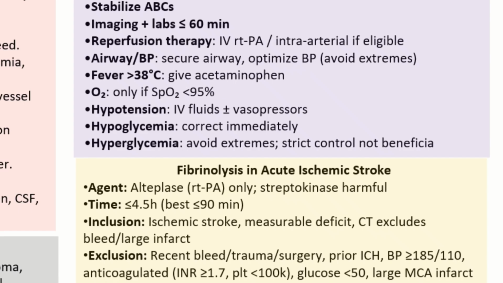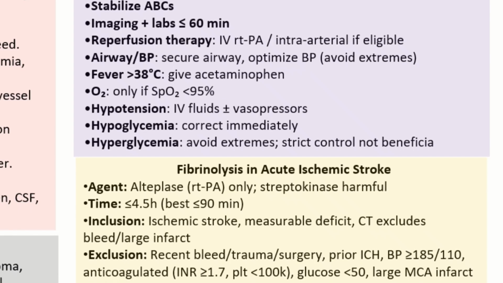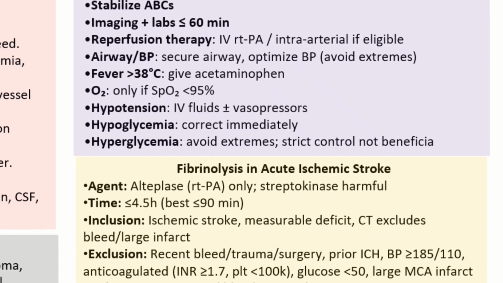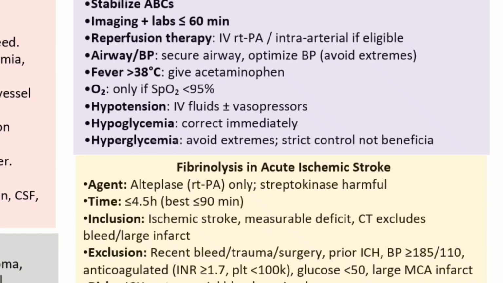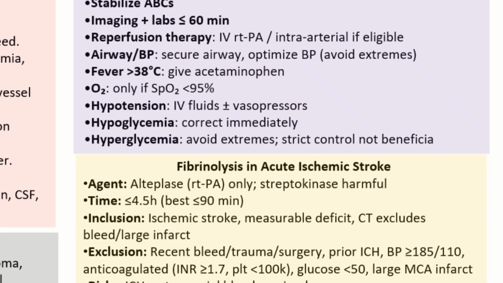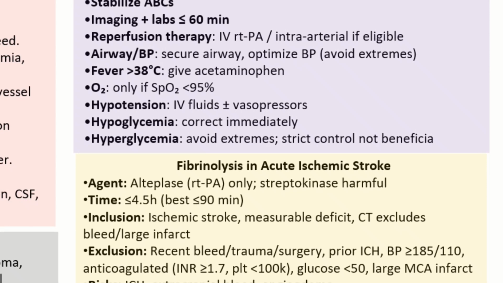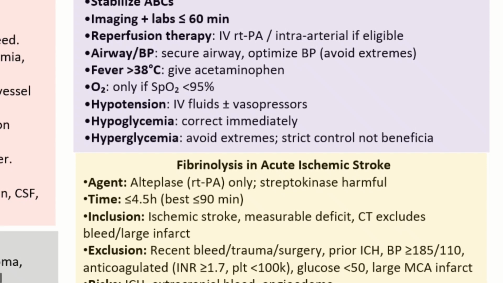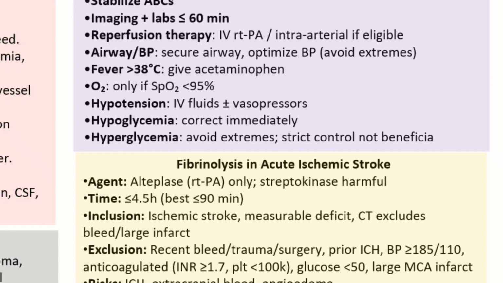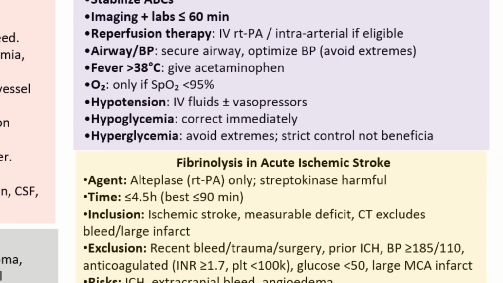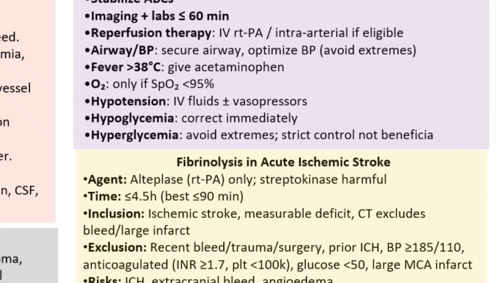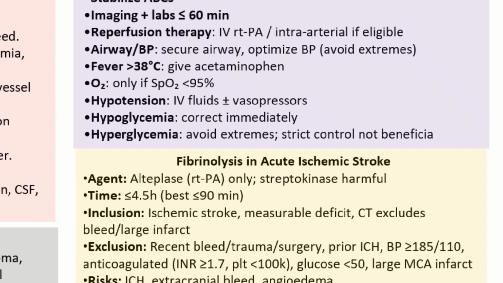Then we can secure the airway, optimize the blood pressure, and treat the fevers, because high temperatures during the stroke increase the rate of death of neurons. So it's very important that fever is always kept to a minimum in someone with a stroke. In some studies, they have shown that hypothermia is somehow neuroprotective, but it is not yet approved in the management of stroke.